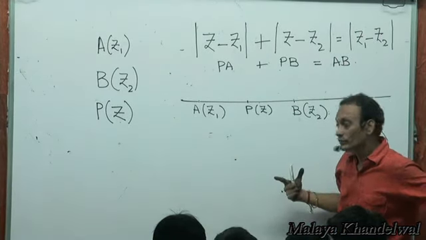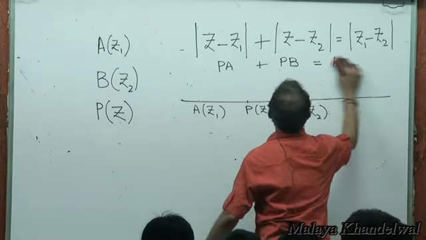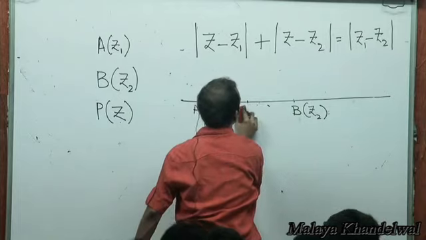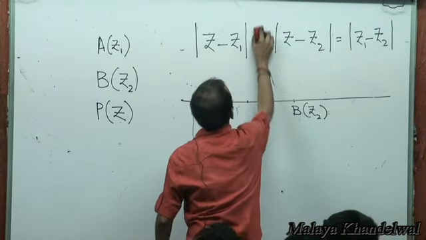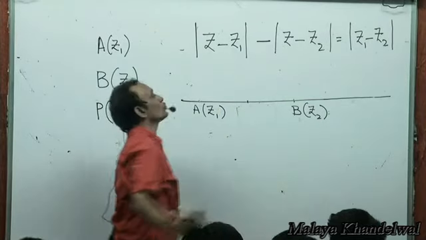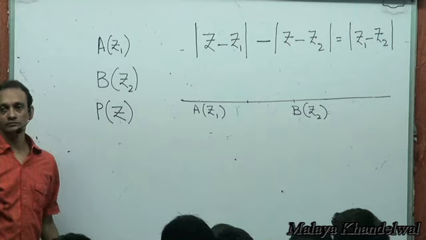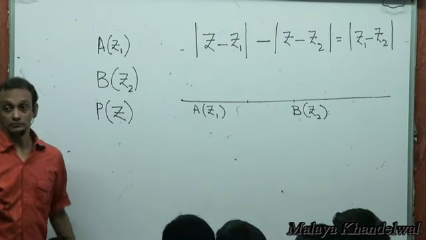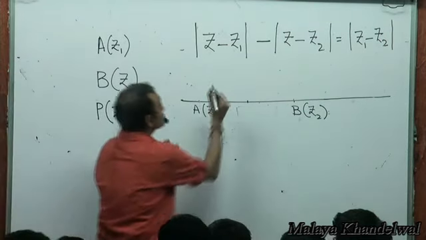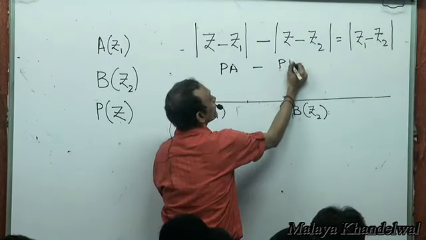Yes or no? Suppose I change this. Then what's the locus of P? This is like distance between P and A minus PB is AB.